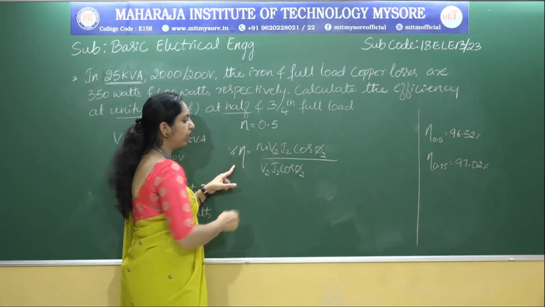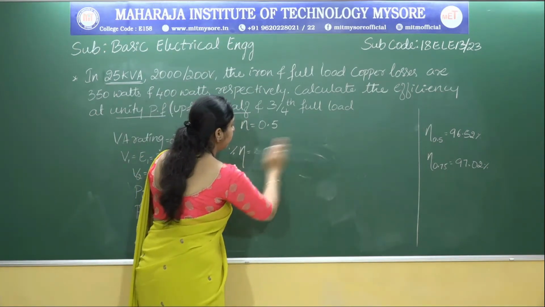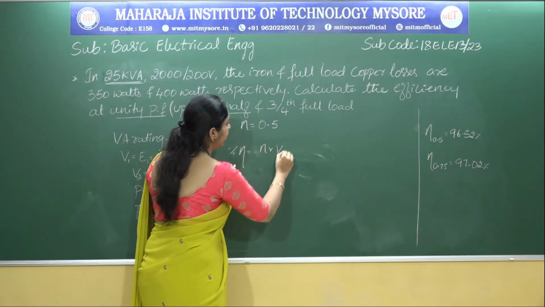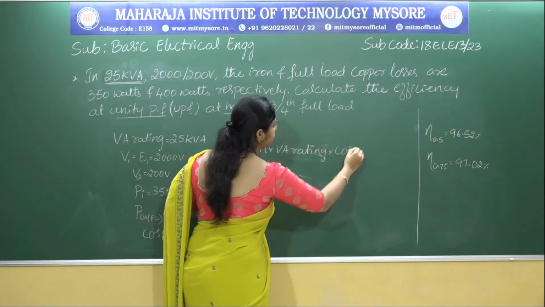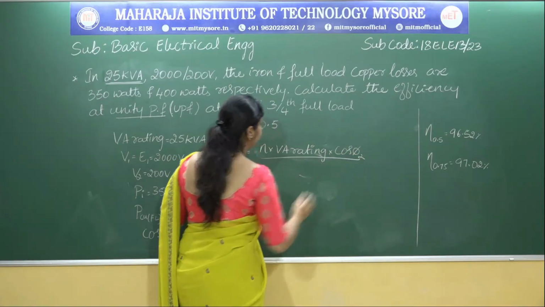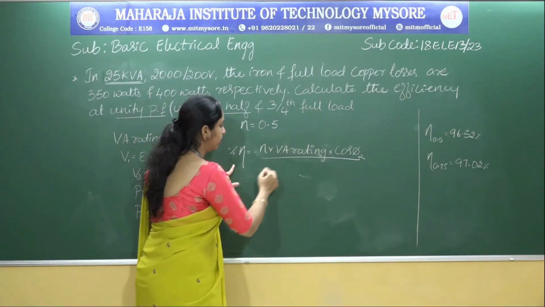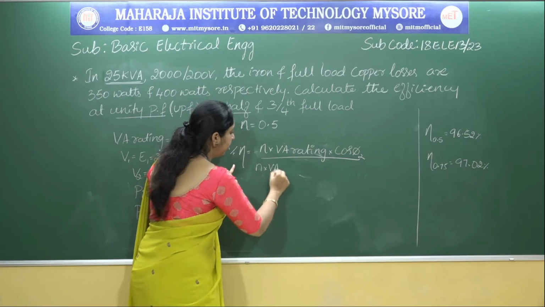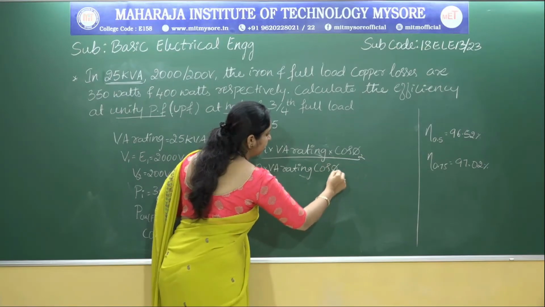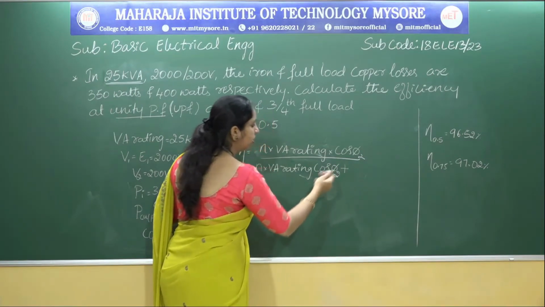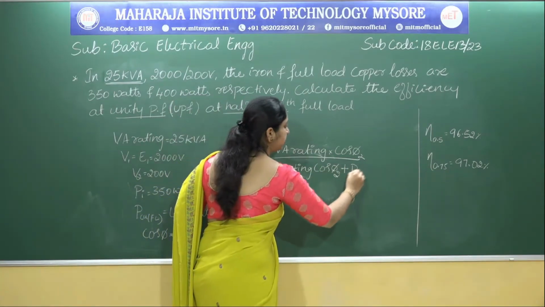Instead of V2 I2, we can also have the VA rating. So it is N into VA rating into cos phi 2, divided by N into VA rating cos phi, plus Pi.